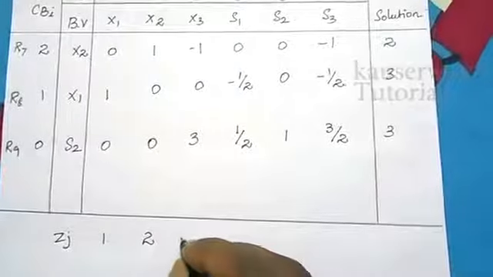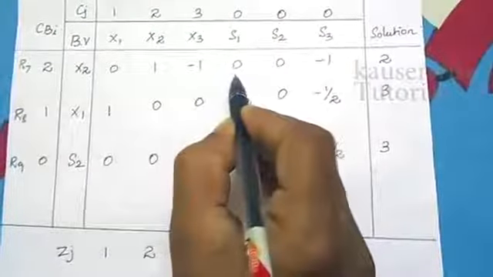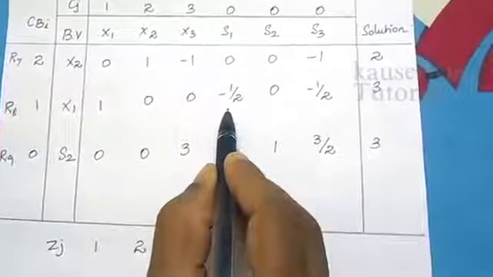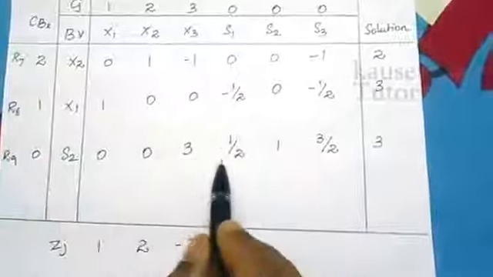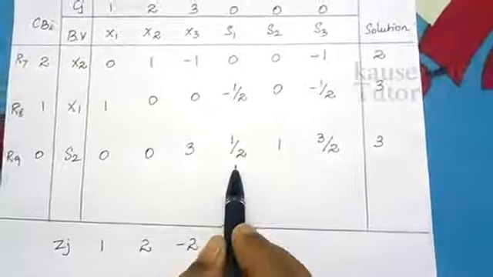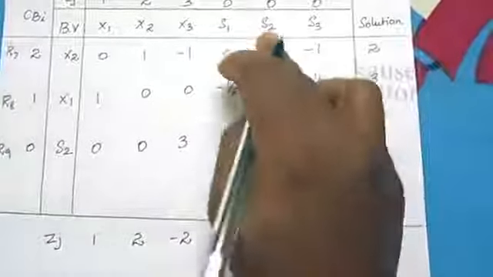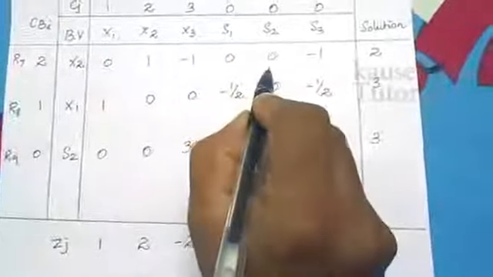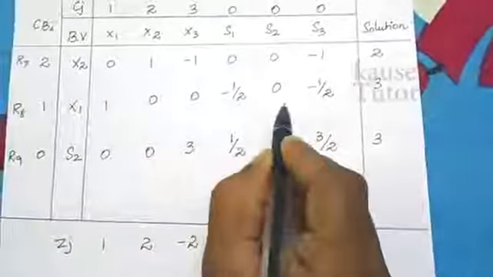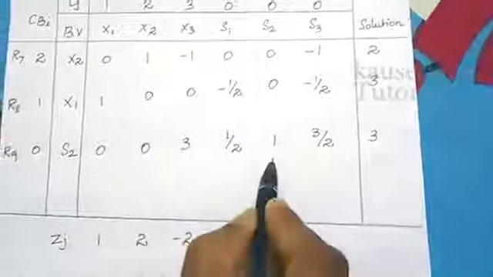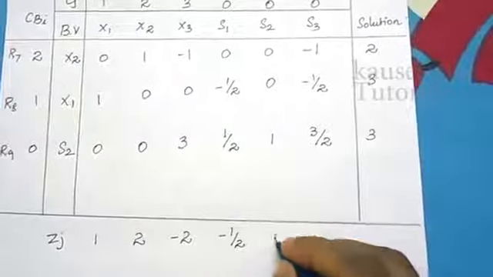So the answer is minus 2. For S1, 2 into 0, 0, plus 1 into minus 1 by 2, minus 1 by 2, plus 0 into 1 by 2, 0. So the answer is minus 1 by 2. For S2, 2 into 0, 0, plus 1 into 0, 0, plus 0 into 1, 0. So the answer is 0.